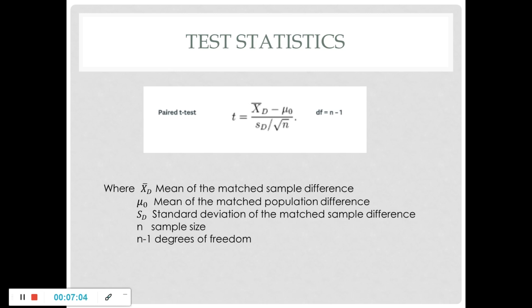Mean of the matched population difference. s d stands for the standard deviation of the matched sample difference. n stands for sample size. n minus 1 stands for degrees of freedom.